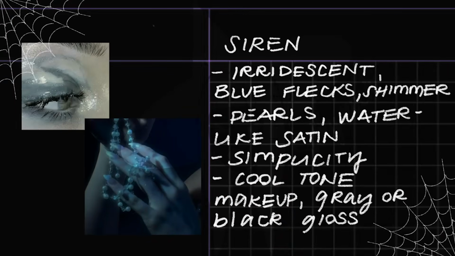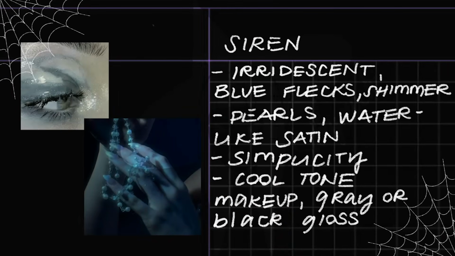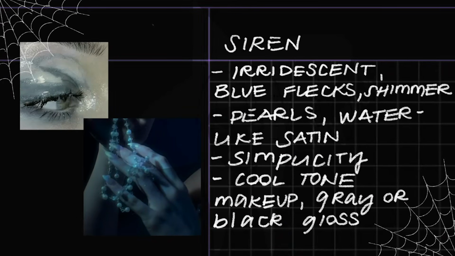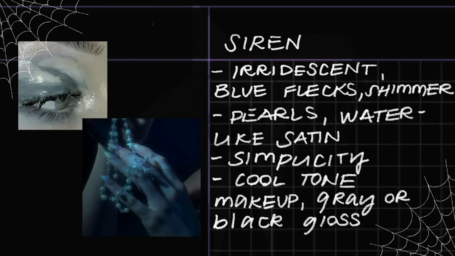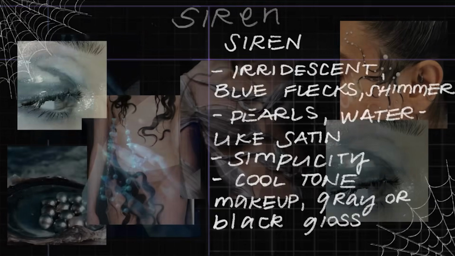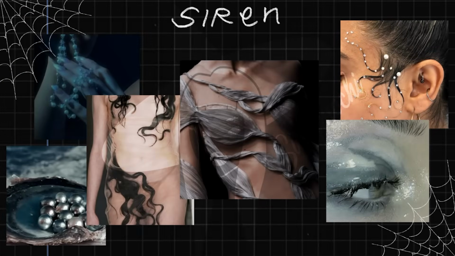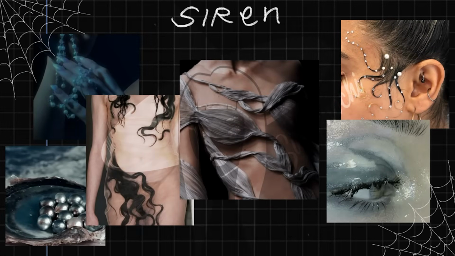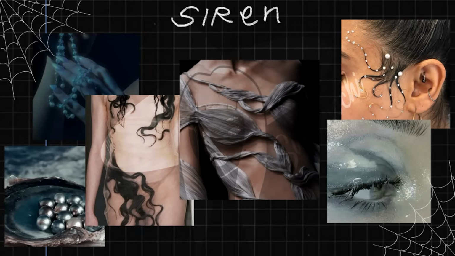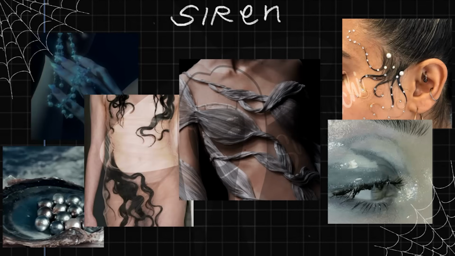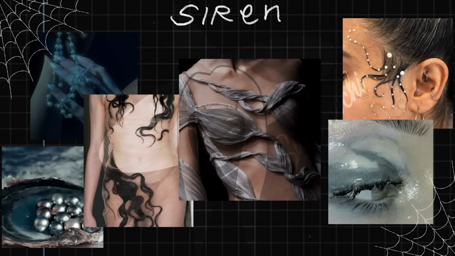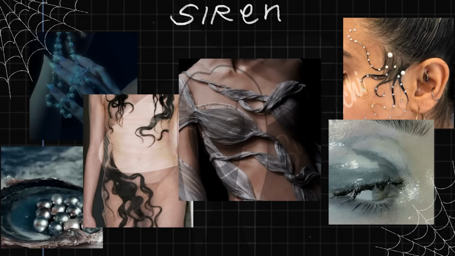So there is an obvious oceanic influence there with the colors blue and green, pearls, but more so in organic shapes, iridescence, and materials like satin that have a smooth and water-like texture. And Melissa describes this style as minimal, simple, shimmery, and there is also that undone, effortless, messy quality about them. And I think that's related to nature as well as the water. So the silhouettes are less defined and less rigid.